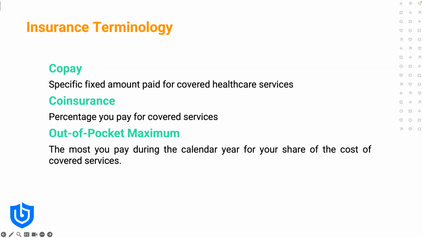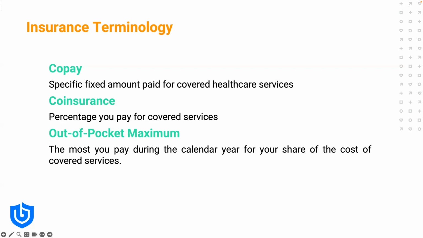And then coinsurance, as Jesse mentioned, is a percentage of the bill you pay for covered healthcare services. Unlike the copay, the coinsurance is a percentage of the cost of the service. If the medical plan has a deductible, the coinsurance is the amount you are responsible for after the deductible is met.